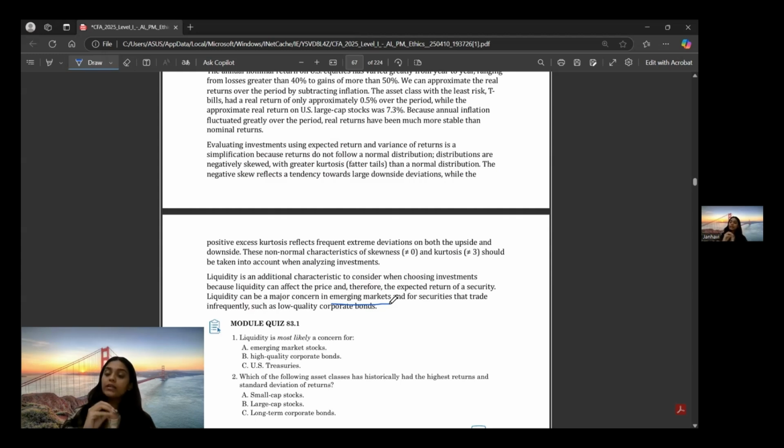So converting your assets into cash will be very difficult in that market.